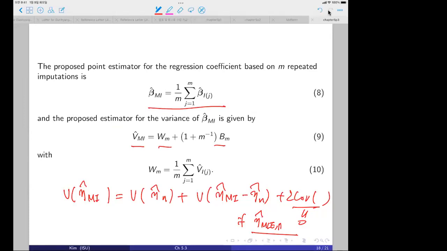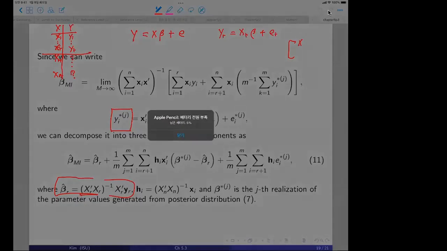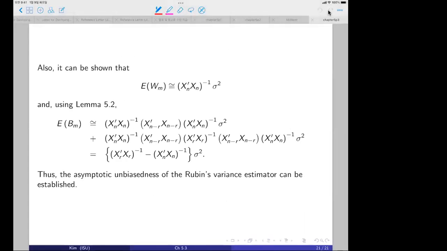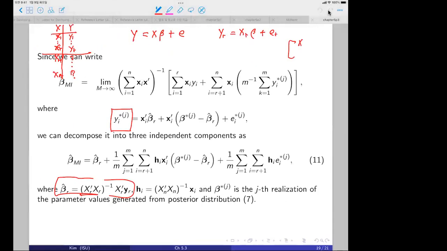So if we are going to use MLE as an estimator for applying multiple imputation, that is different from the MLE that we talked about in the variance decomposition. So this is the MLE with the missing data. And then you have 3 terms, and also the 3 terms are independent.